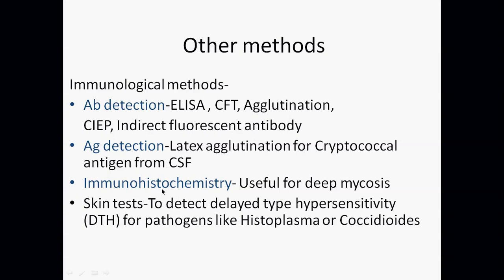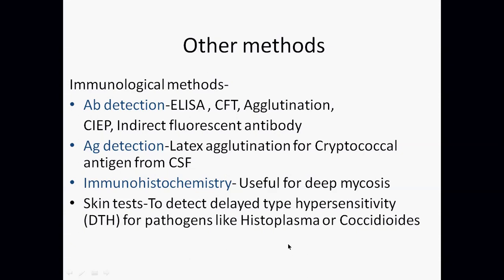We can also use immunohistochemistry for demonstrating the fungi in deep mycotic infection, specifically in the tissue section. Also, kit tests are available to detect the delayed type of hypersensitivity to specific fungi. This is used for pathogens like Histoplasma or Coccidioides.